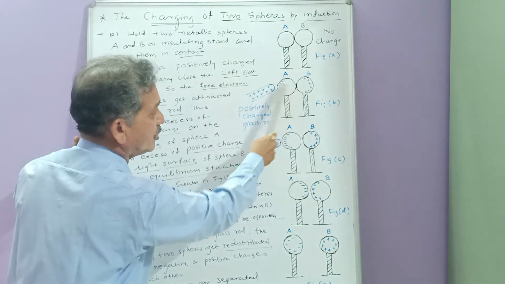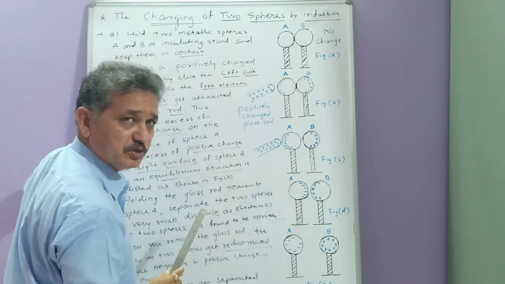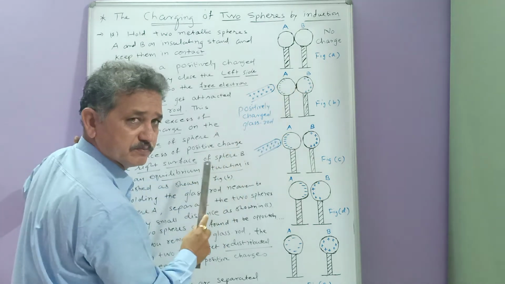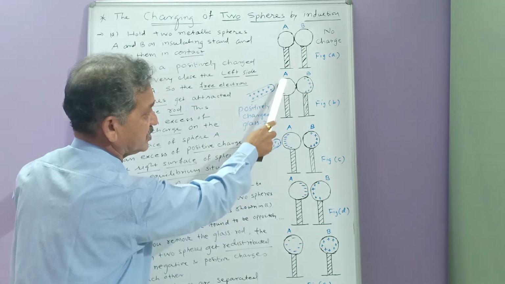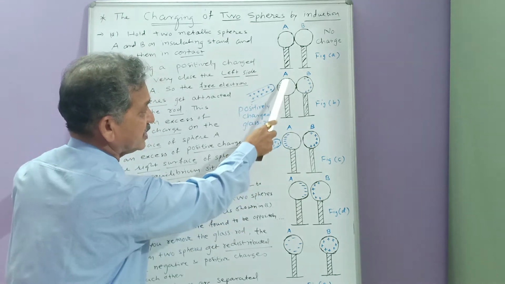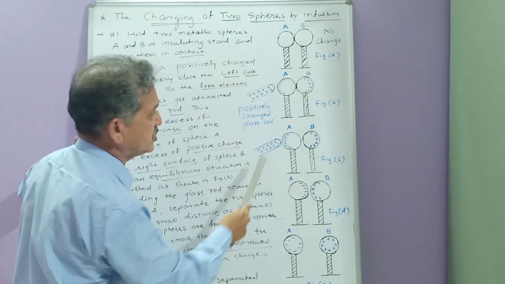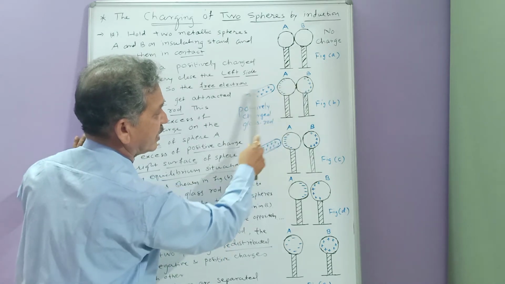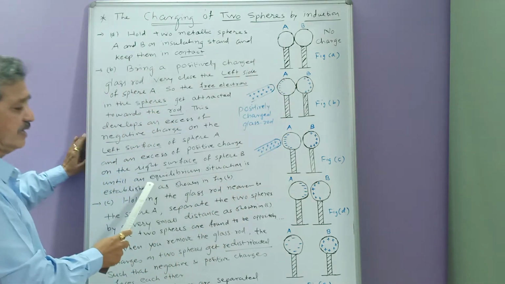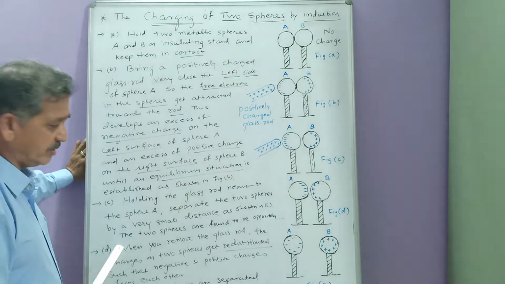So when the net force on a newly coming electron is zero, no more negative charge will deposit on the left surface. There will be a sufficient amount of negative charge here and positive charge there, because of which on newly coming electrons the net force is zero. At that time, the spheres A and B are said to be in equilibrium.